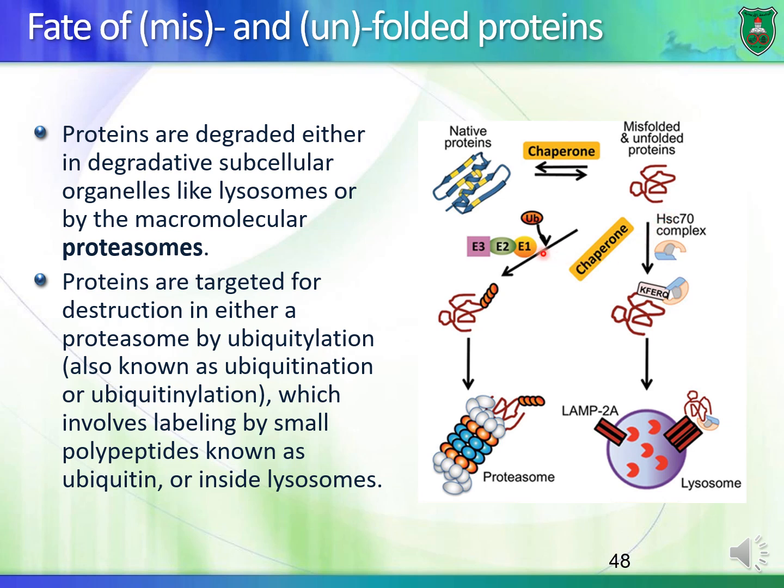Now, what happens here is that once cells have proteins and they do not need these proteins anymore, these proteins are labeled by small peptide molecules known as ubiquitins. This process is known as ubiquitination. It's also known as ubiquitinylation. So you can pick and choose whatever you want. So basically, these proteins are labeled by these ubiquitin molecules, and they are destined for degradation by large protein complexes known as proteasomes.